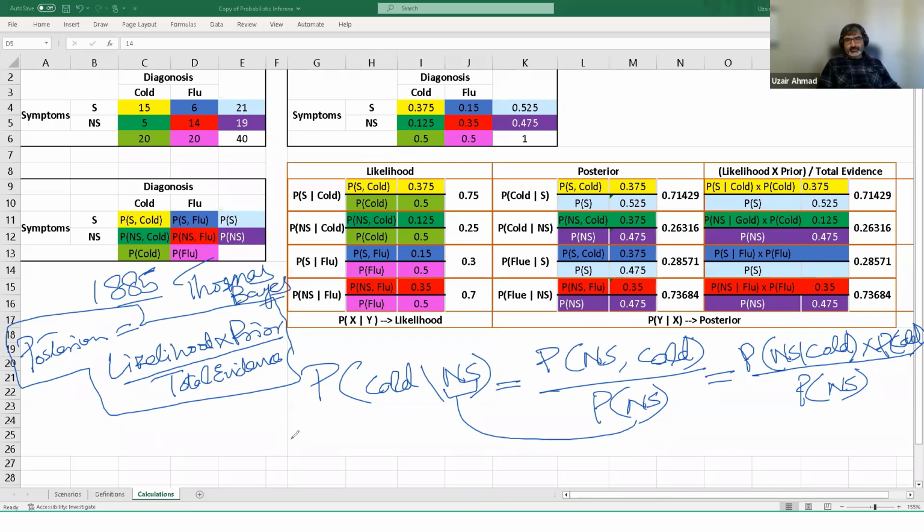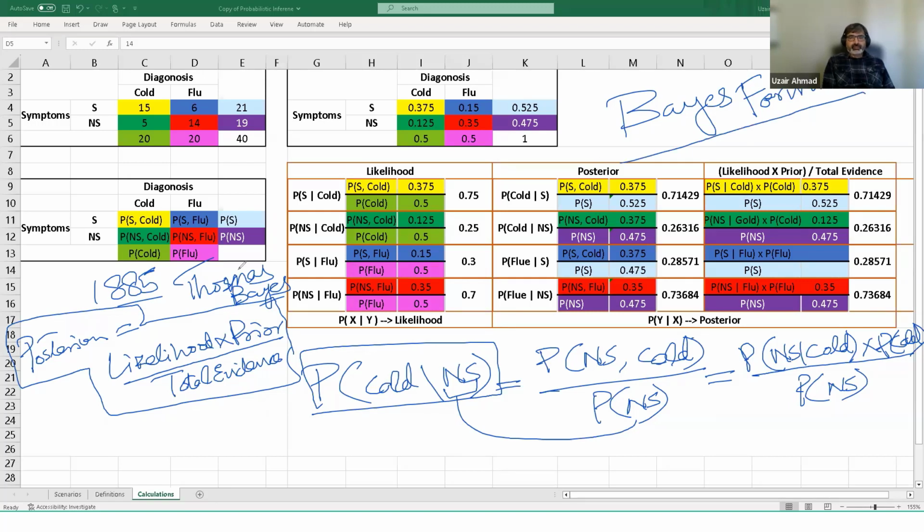Thomas Bayes connected these conditional probabilities with marginals and joint probabilities to be able to ask this question. That is why we call it Bayes formula. And when we do classification with Bayes formula, we say we are doing Bayesian classification.